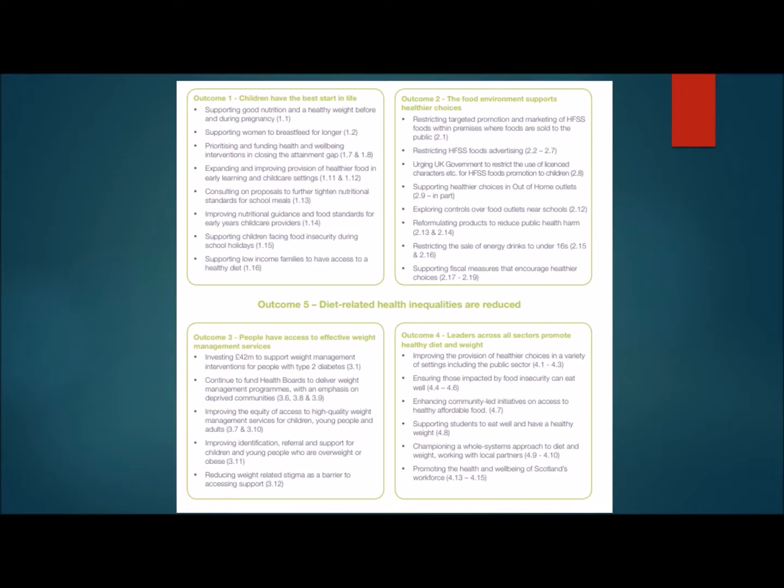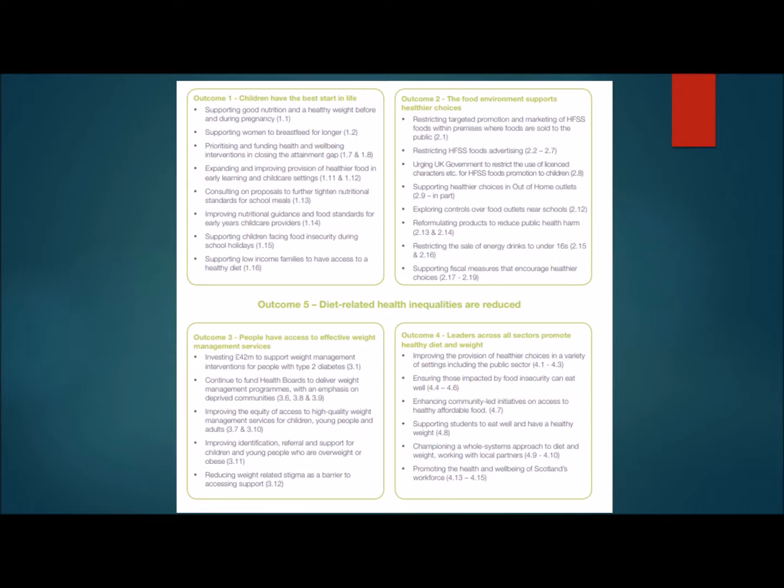So that's a huge proportion of our society that have got issues with weight. And then if we look at children in particular, the Scottish Health Survey again in 2016 described 29% of children as being at risk of being overweight and 14% of children at risk of obesity. So it's a really, really dramatic issue.